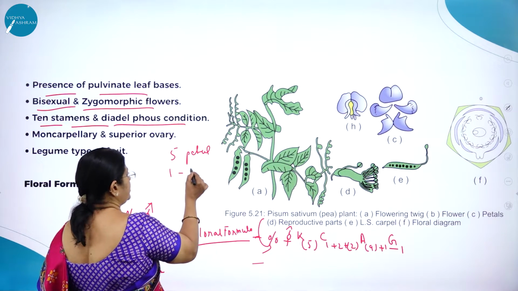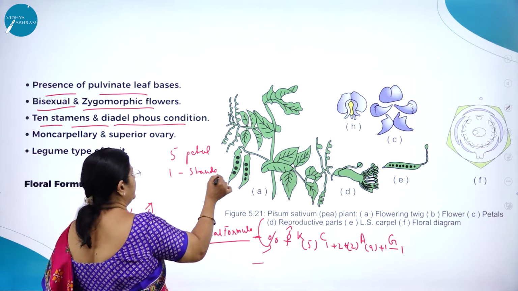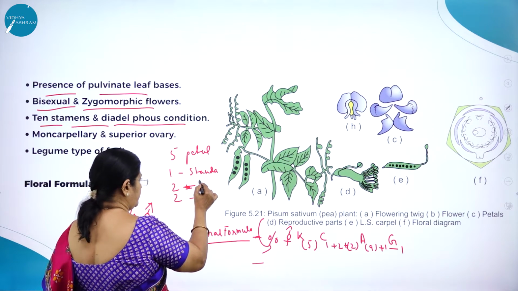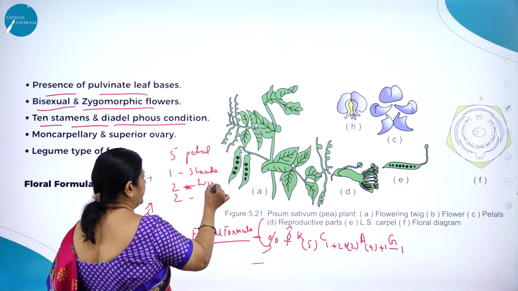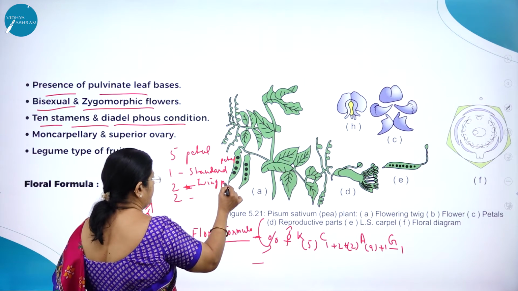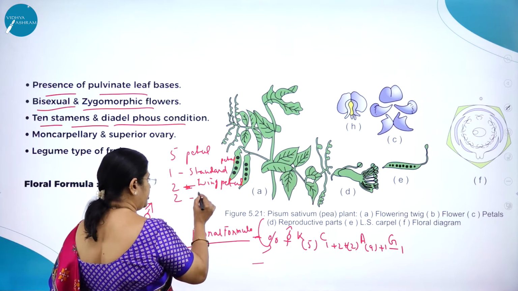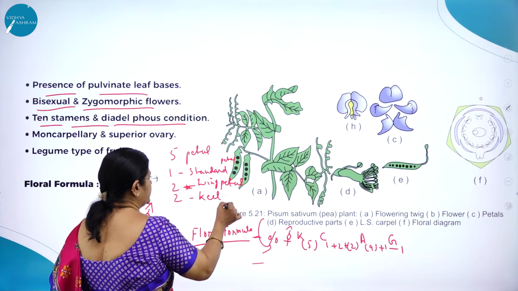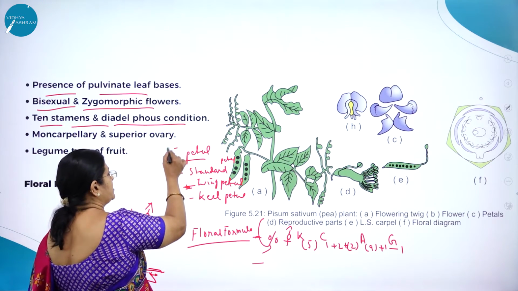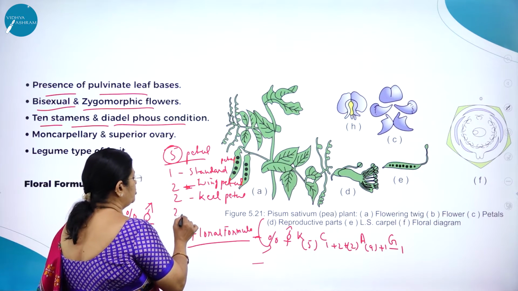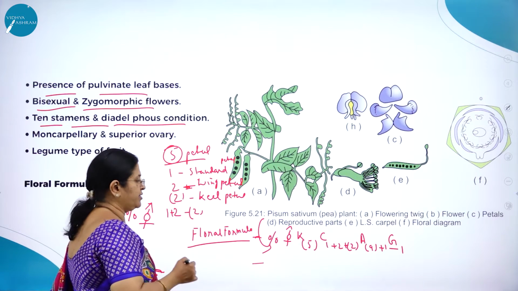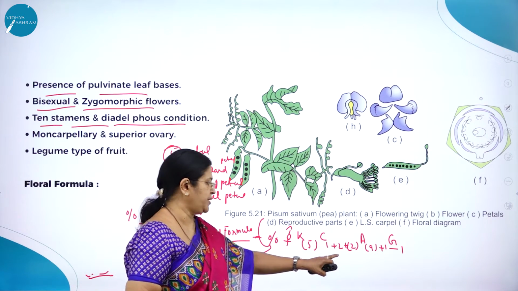In that, one is bigger one called standard, then 2 called wing petals, then 2 called keel petals. So petals are how many? 5. So it is 1 plus 2 plus 2, but these are joined.